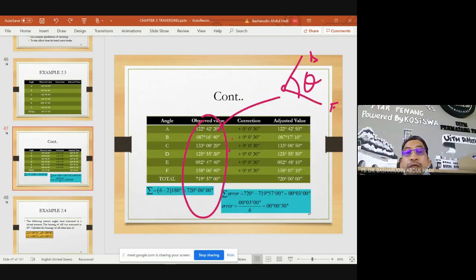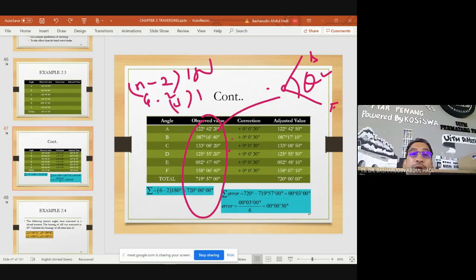When you calculate the included angles, the total should be 720 degrees, 0 minutes, 0 seconds. You remember n minus 2 times 180 degrees. How many n do you have? A, B, C, D, E, F, 6. 6 minus 2 is 4. 4 times 180 degrees, so you get 720 degrees.